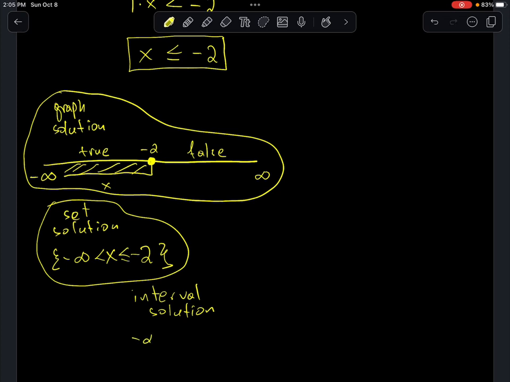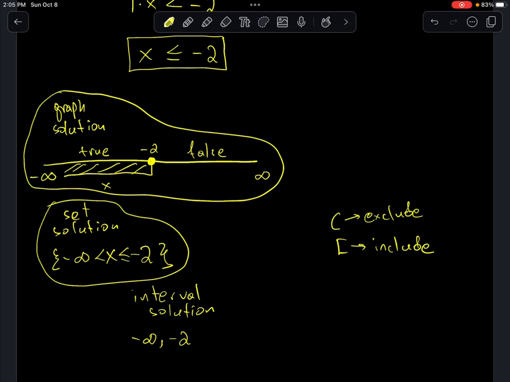So I write negative infinity, comma, the other endpoint, which is negative 2. If you can include that endpoint in your solution, you put a bracket. If you cannot, you put a parenthesis. So parenthesis means exclude. Bracket means include.